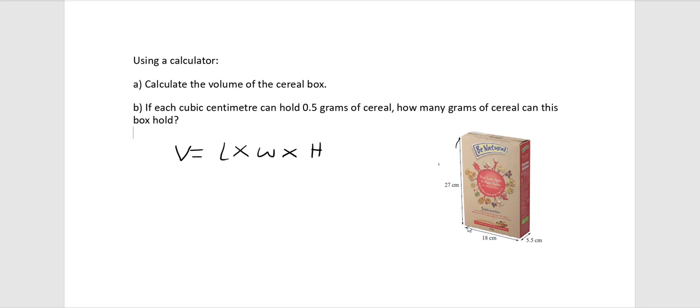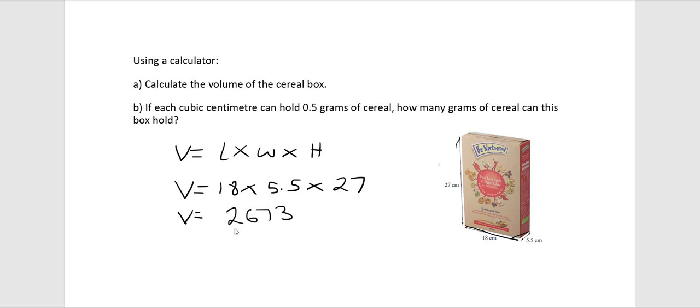So if I find the area of the bottom base, 18 times 5.5, and then multiply it by 27, the height, it'll give me the volume. So volume will be equal to 18 times 5.5 times my height, which is 27. So you can use a calculator for this.